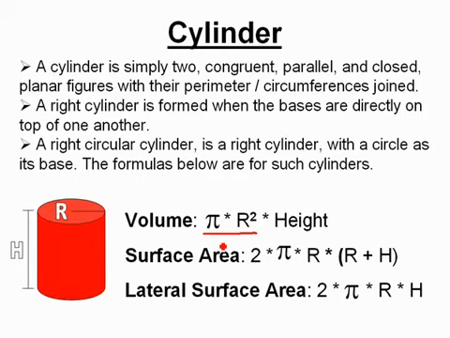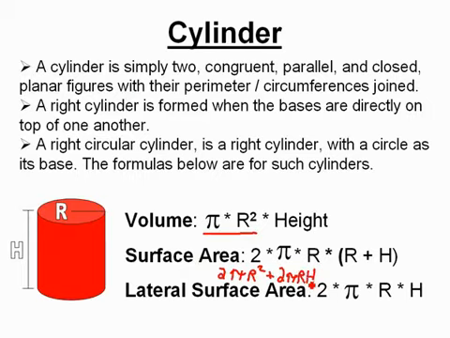The surface area of a right circular cylinder is 2 pi r times r plus h. So it might be easier if we distribute that. And when you distribute that, you get 2 pi r times r, so 2 pi r squared, plus 2 pi r h.